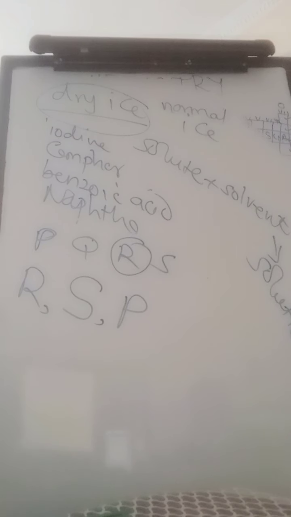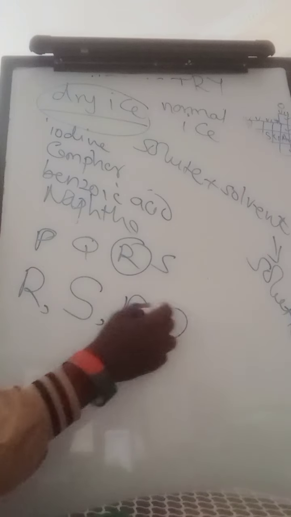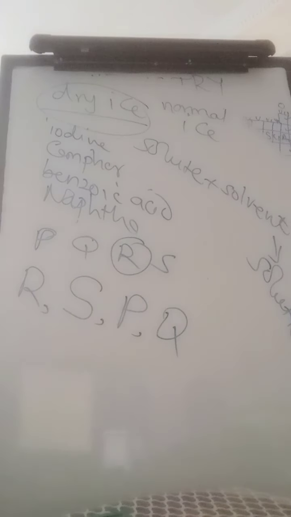But now Q will be the last one because it does not react with water, and it does not react even with the hydrochloric acid. So R, S, P, and Q, the order of reactivity of those elements with both the acid and the water.